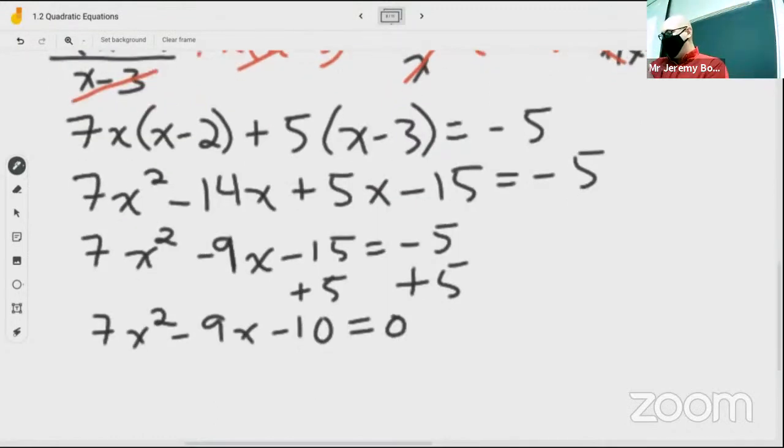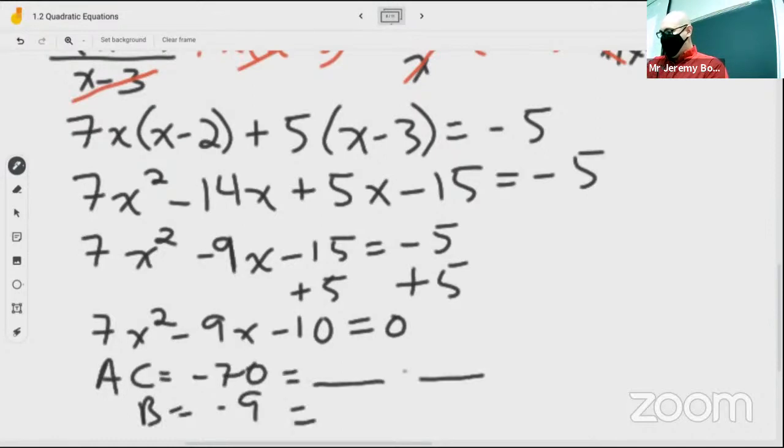All right, so let's try to factor it, I guess. Say AC is negative 70. B is negative 9. What multiplies to be negative 70 and adds to negative 9? Y'all have an idea on that? That won't work. So you can do 10 and 7. That's not going to work. We need something further away. Is there anything else? 5 and 14?